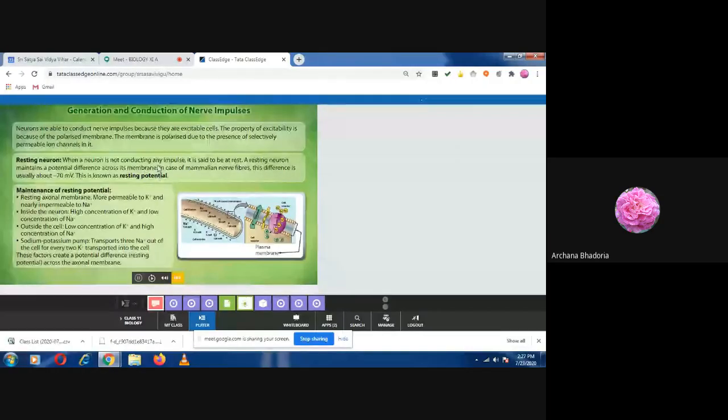When a neuron is not conducting any impulse, it is said to be at rest. Write it, everyone. Put the subheading resting potential and then write down: when a neuron is not conducting any impulse, it is said to be at rest.